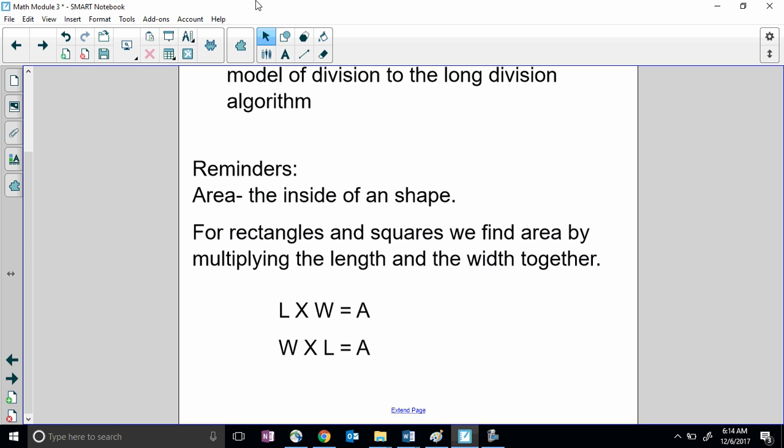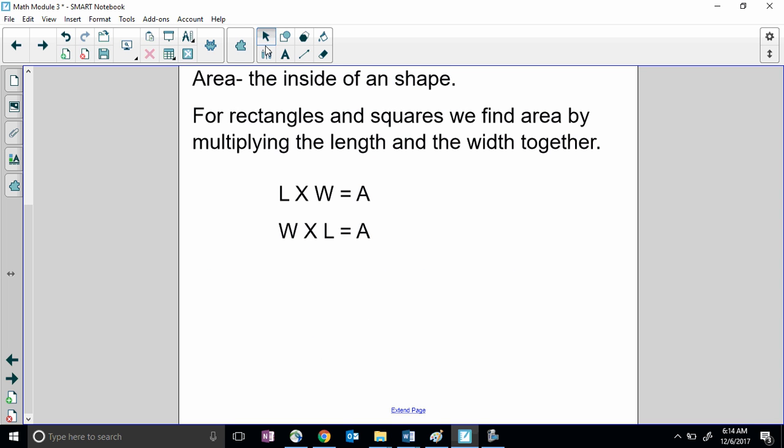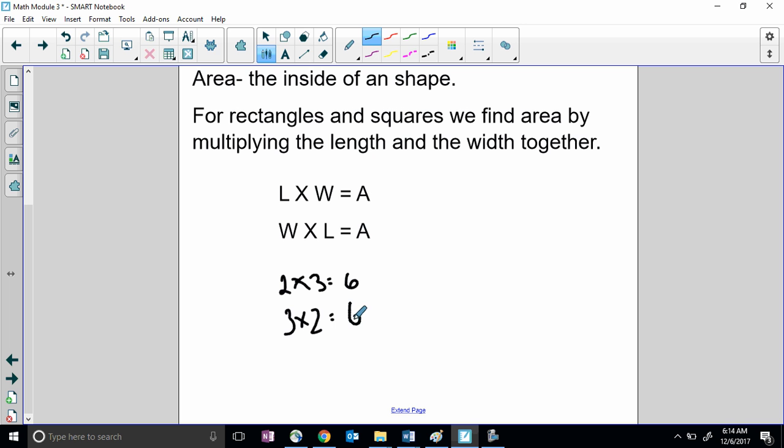However, let's take a look at this. This is kind of like a fact family, right? So I could say that 2 times 3 equals 6, and 3 times 2 equals 6, and they're both the same, right? Interesting.